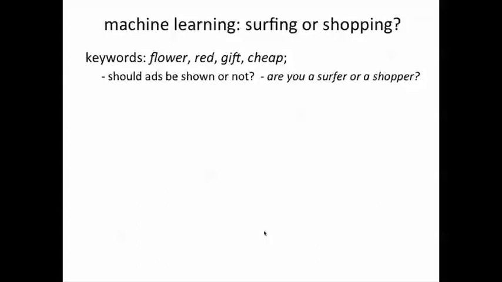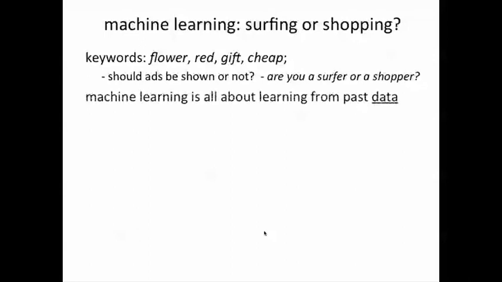Learning from past experiences is something that we do all our lives. The field of machine learning is all about teaching computers how to learn from their past experience or from past data. And as you all know, this is the heart of web intelligence and is what big data analytics is really all about.